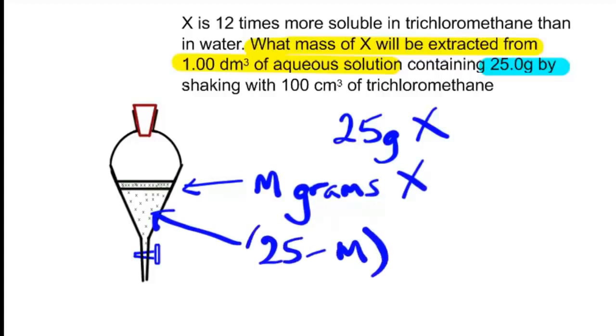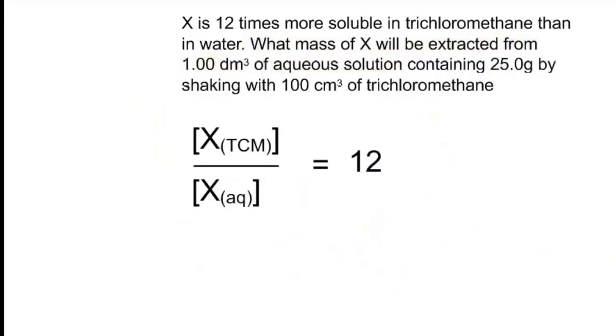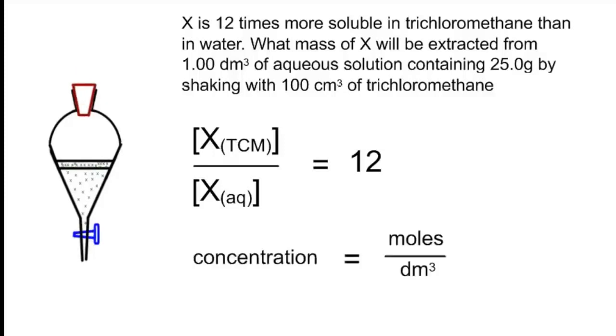So we've got all the information we need, including the volumes of the two solvents: 1,000 cubic centimeters of water and 100 cubic centimeters of trichloromethane. Let's return to the expression for the equilibrium constant or partition coefficient. The concentration of X in TCM over the concentration of X in the aqueous layer is 12.